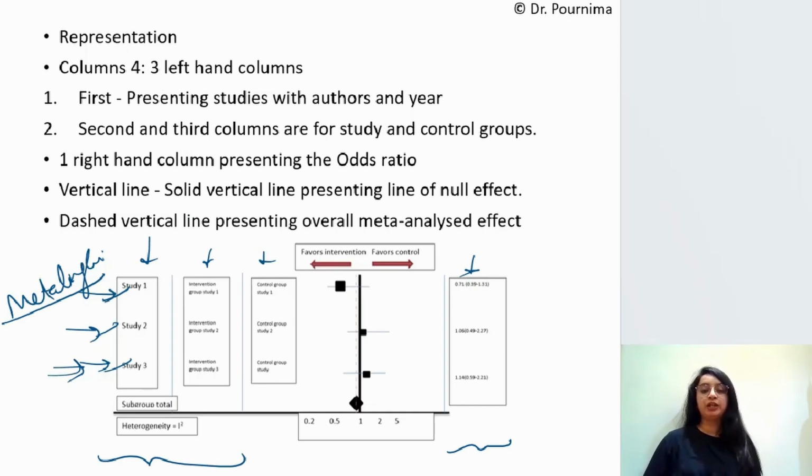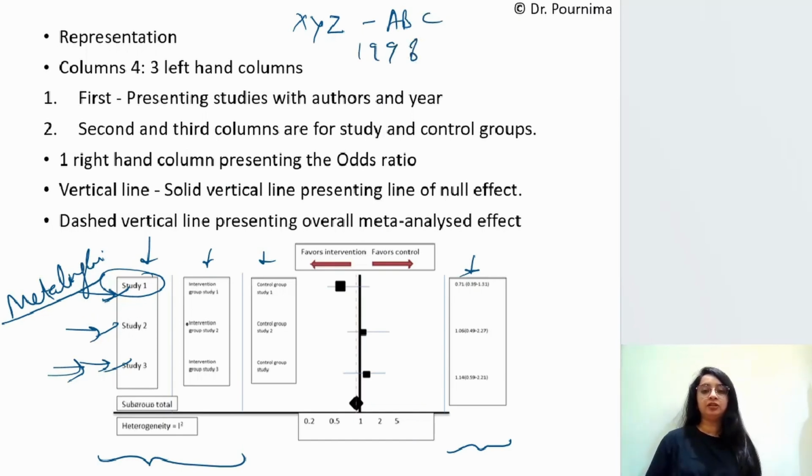So first we will try to see individually what each of the columns is trying to tell us. The first column represents the name of the study and the author with the year. So suppose we are going to say a study, XYZ study by author ABC, published in the year 1998. So this is written here.